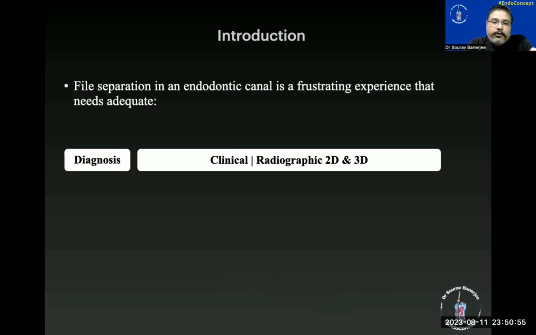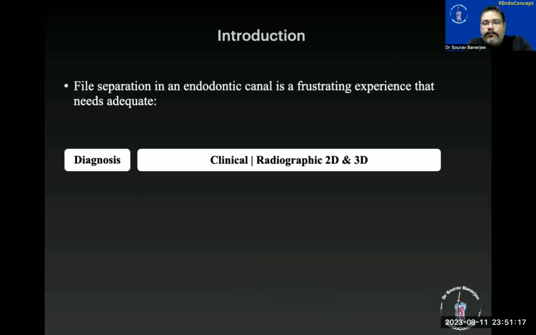If we are going to retrieve the file, is the tooth structurally strong enough to withstand that procedure, what will be the prognosis of the case, and what will be the difficulty of the procedure when you're going for retrieval or bypassing? All this clinical evaluation has to be done.